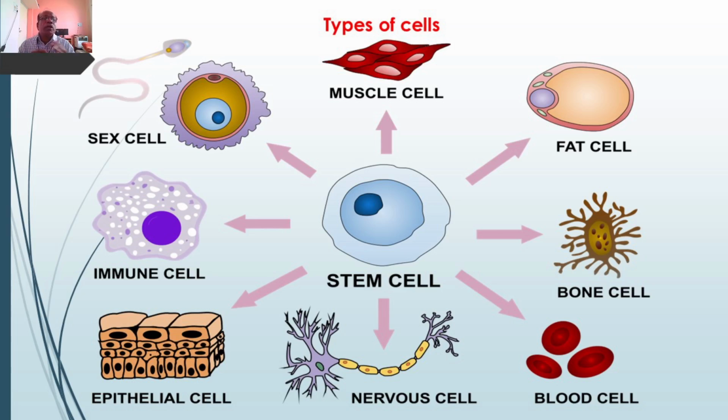On the fusion of the sex cells, male and female gametes will form a zygote, and this zygote will then develop into a new organism through the process of embryonic development.